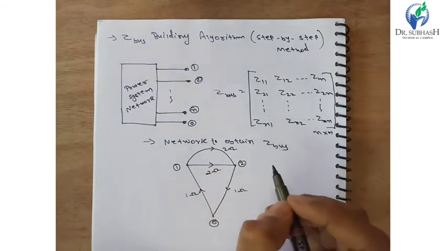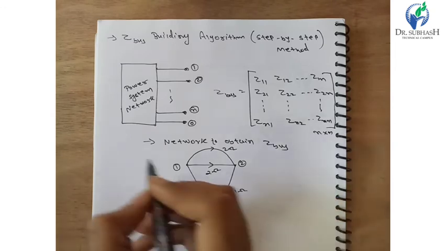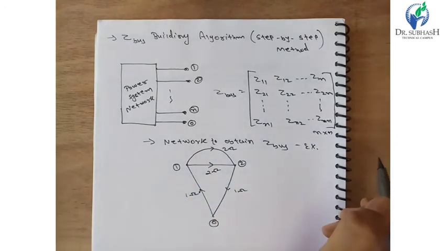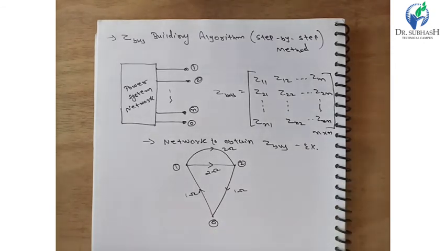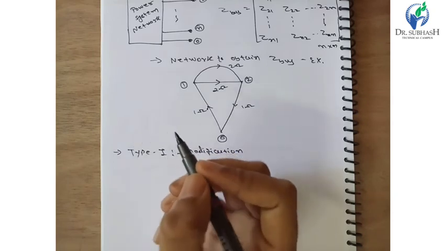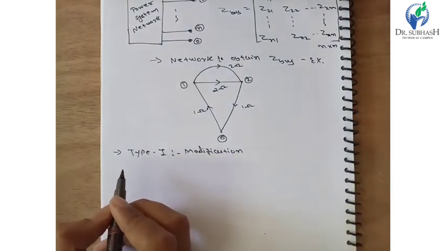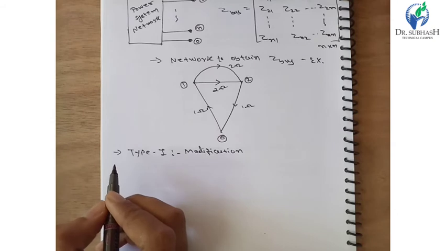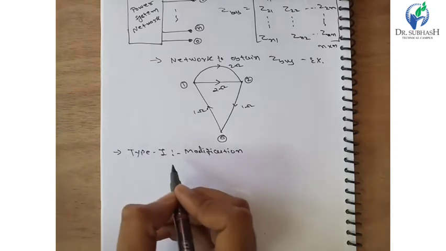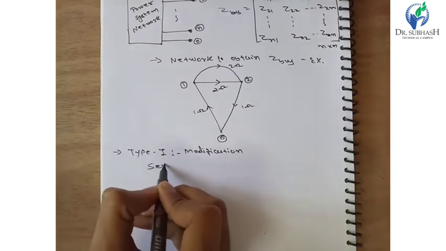This is a Z-bus formation network example. Now for the type 1 modification, if an element with a self impedance Z suffix S is added between the reference bus and a new bus Q, here we write the self impedance.